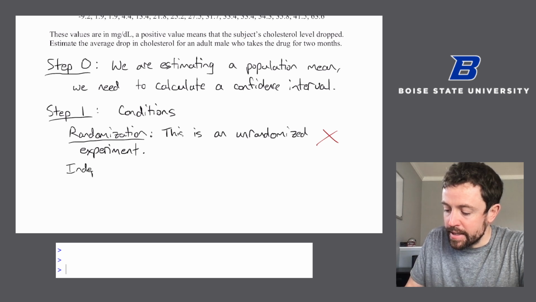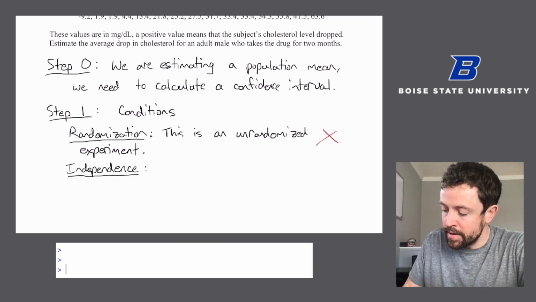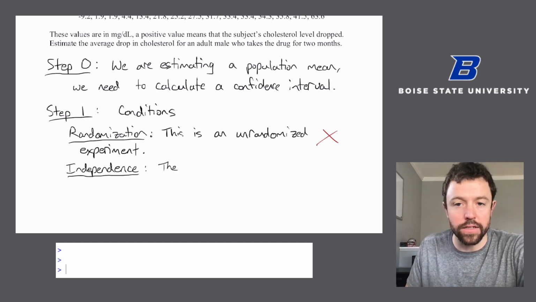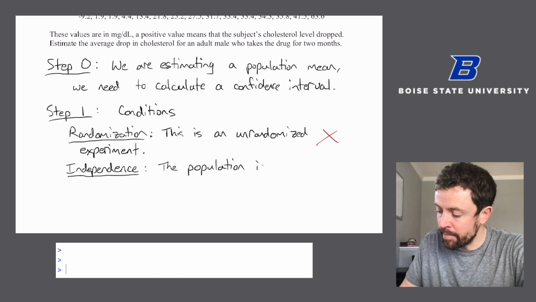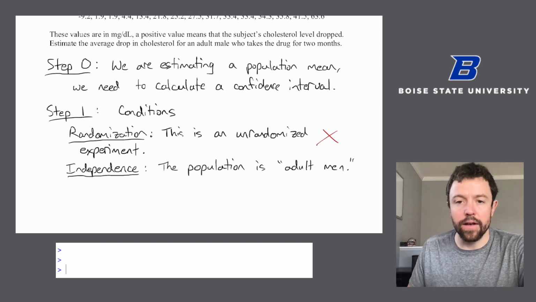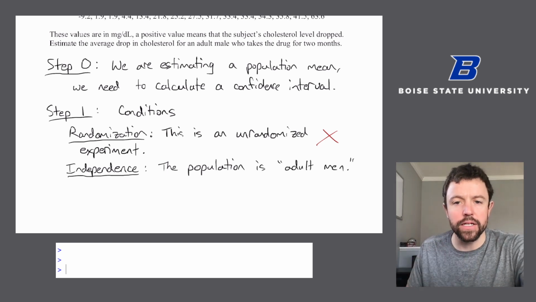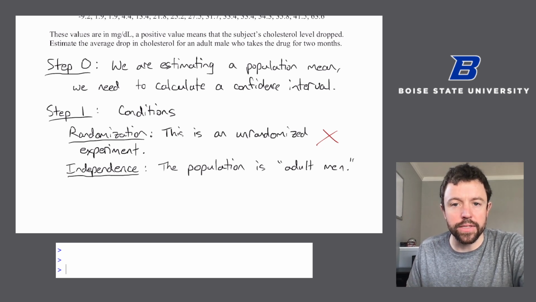For the independence condition, I always start by just stating what the population is. We're studying how this drug works in adult men, so that's our population. And the condition for independence is that the population is at least 10 times the size of the sample. We have a small sample. The sample size is 15.